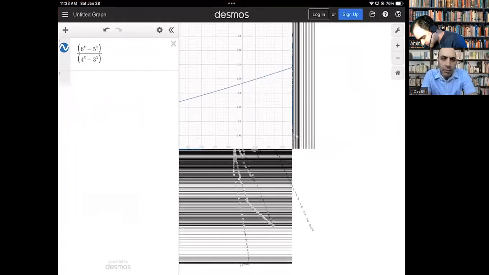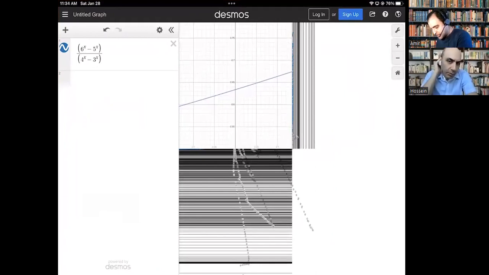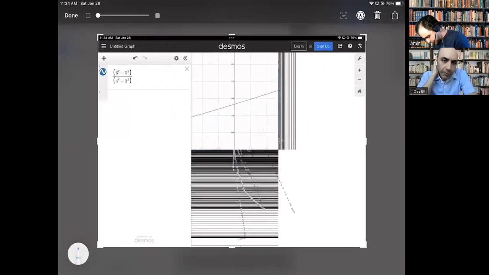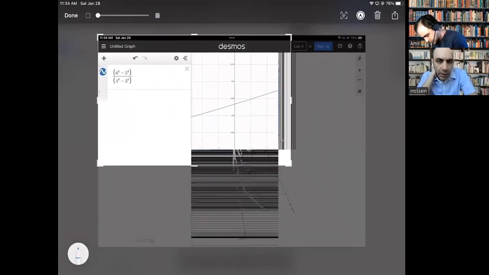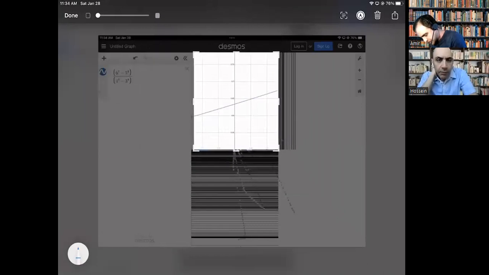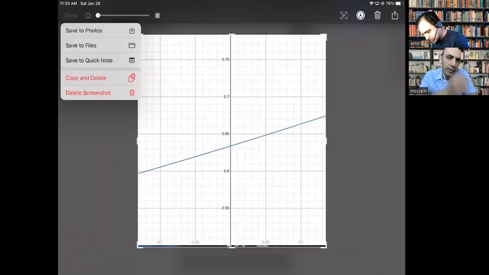So I don't know if you have a highlighter or something. I don't think your highlighter works. Maybe I can do this with the mouse pointer. I can do this, and then I just crop it here. Okay, now it's clear.